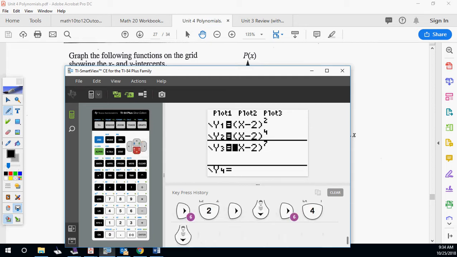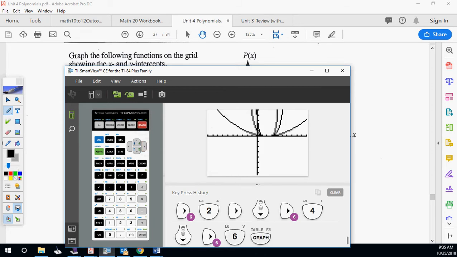4 and 6. Okay. Now look, none of those went down. There's nothing down here. 2, 4, 6. So here's your 2, I think, 4 and 6. Same thing applies.